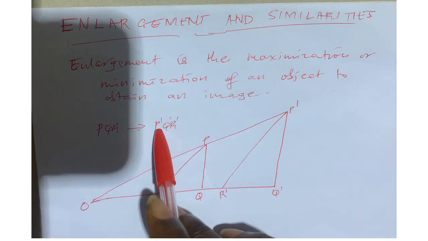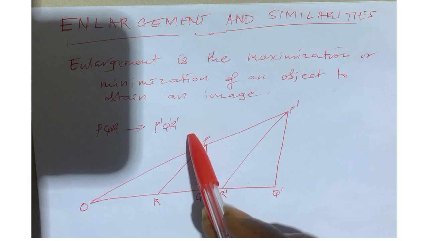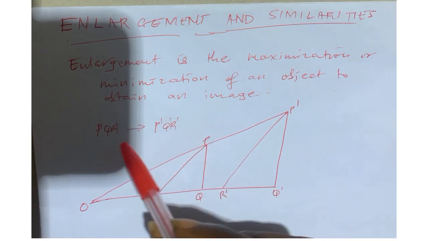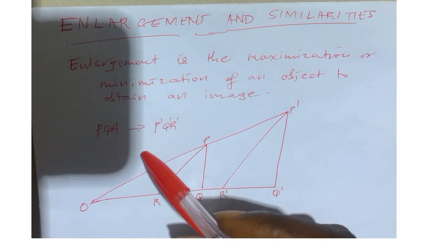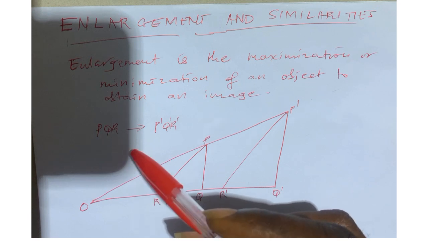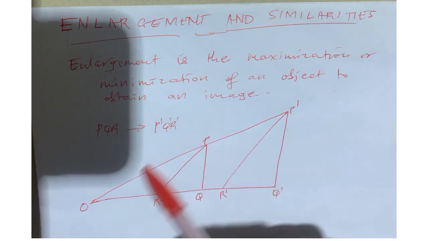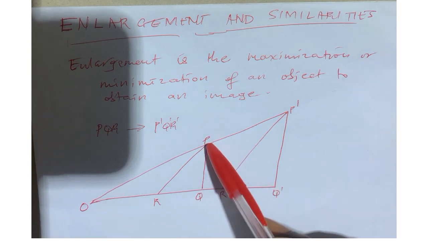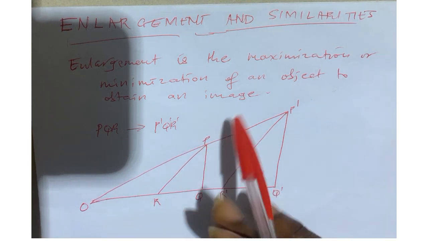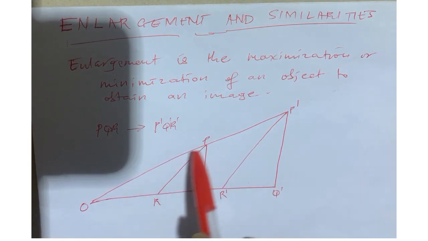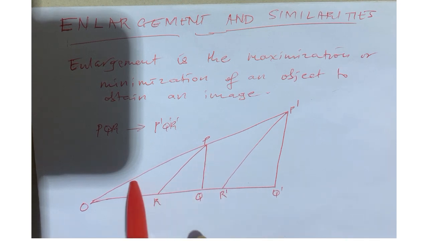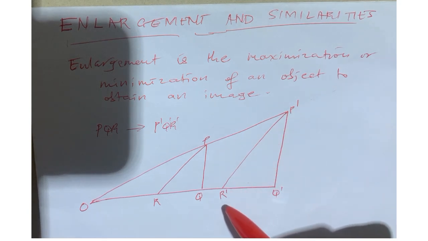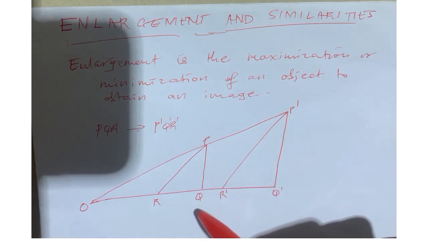So the primes that we have here indicate the image, and then the PQR indicates the what? The object. So looking at this diagram that we have here, O, P, Q, R, any triangle that we take from this is going to be considered as the object. Now, when we talk about the primes, we have to consider the primes as what? The image, okay?